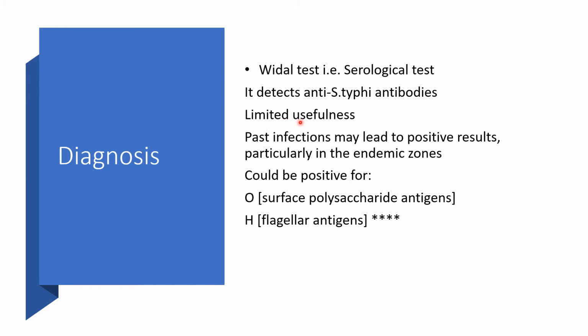The usefulness is pretty limited, so not very useful, because past infections may lead to positive results today, particularly in people that are living in endemic zones. Unfortunately, they are the same set of people that will likely use this as well. It could be positive for O, meaning surface polysaccharide antigens, or H, that is flagellar antigens.